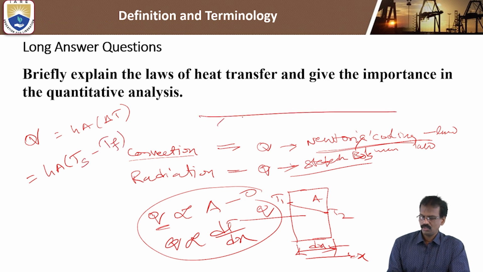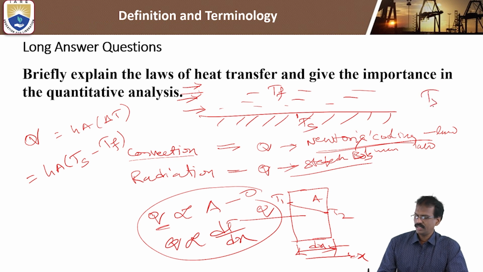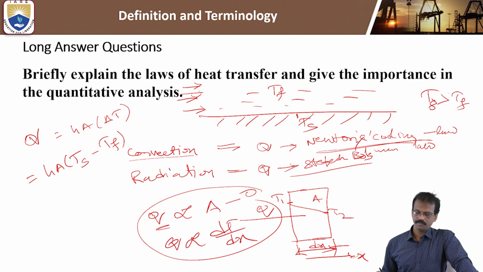Suppose there is one surface and the fluid is flowing like this. This is the temperature of the surface, Ts. This is the fluid temperature, Tf. If Ts is greater than Tf, automatically heat transfer takes place from the solid body to the fluid. h is the heat transfer coefficient, and A is the area of the surface.